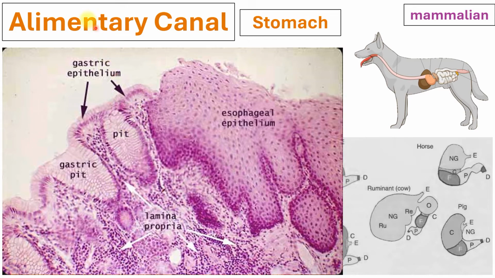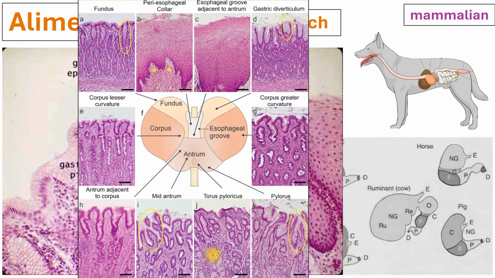But it doesn't have villi yet, which is basically a feature of your intestines. So there are no villi or finger-like projections protruding in the lumen of the stomach. Instead, there are invaginations or pits which house your goblet cells, and deeper in the lamina propria, you would have your glands.